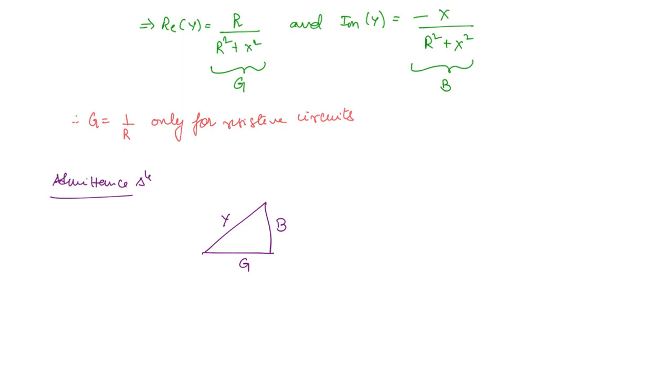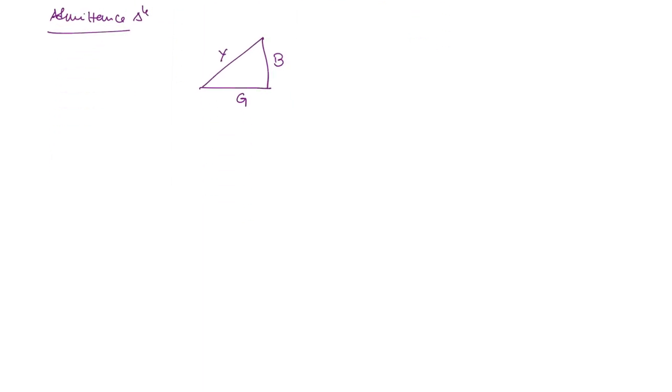Now what about each individual circuit element? What will be the admittance of each individual circuit element? We have seen the impedance of each element, right? If you consider a resistor, then the impedance is simply R. Then what will be the admittance for only a resistor? 1 by R. If you take an inductor, then what will be the impedance?